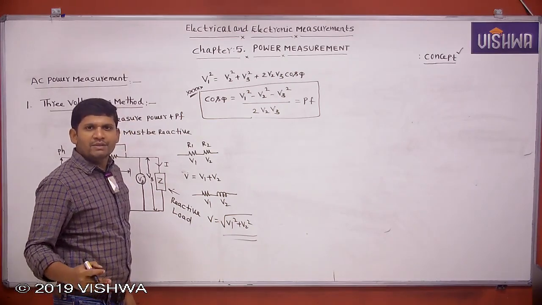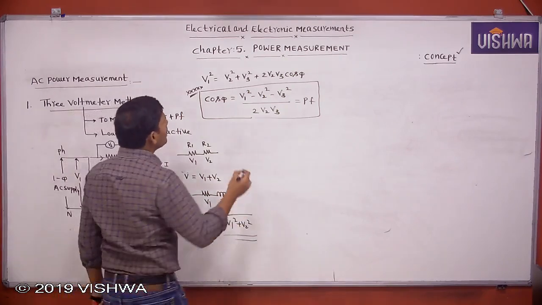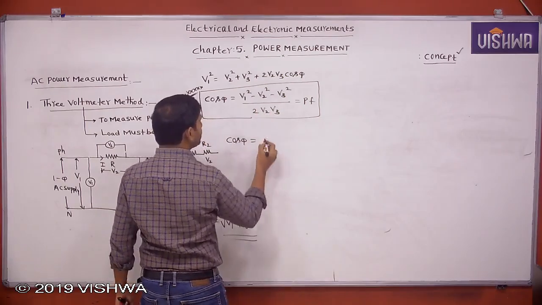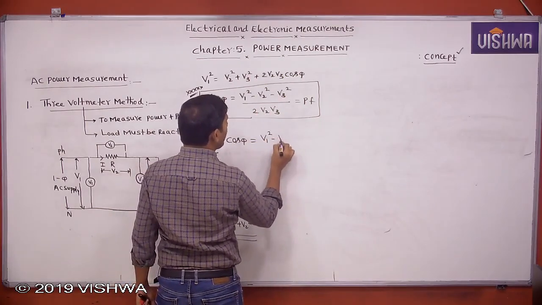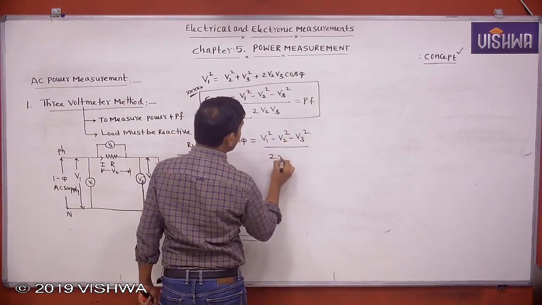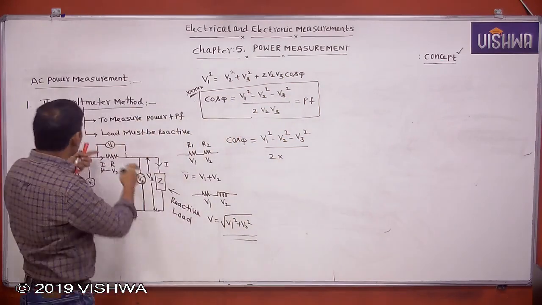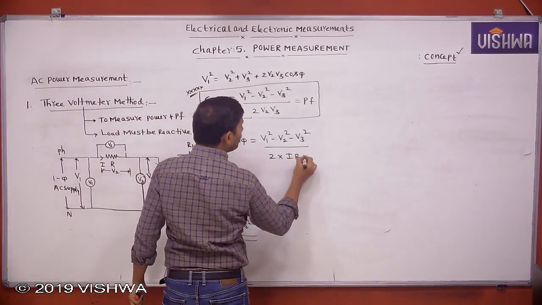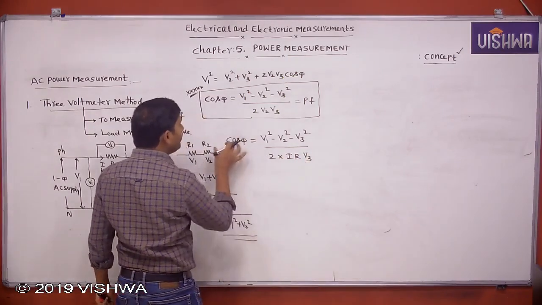Then I want to write the expression for power measurement. Shall we write like this? Cos phi equal to, I am modifying this one, V1 square minus V2 square minus V3 square by 2 into V2, and V2 is I into R. Then V3 I bring this side.